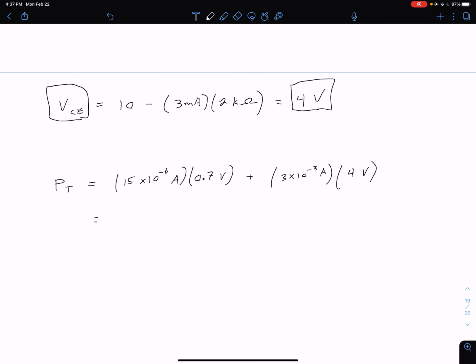If we evaluate that, what we get is 1.05 times 10 to the minus 5 watts plus 1.2 times 10 to the minus 2 watts.